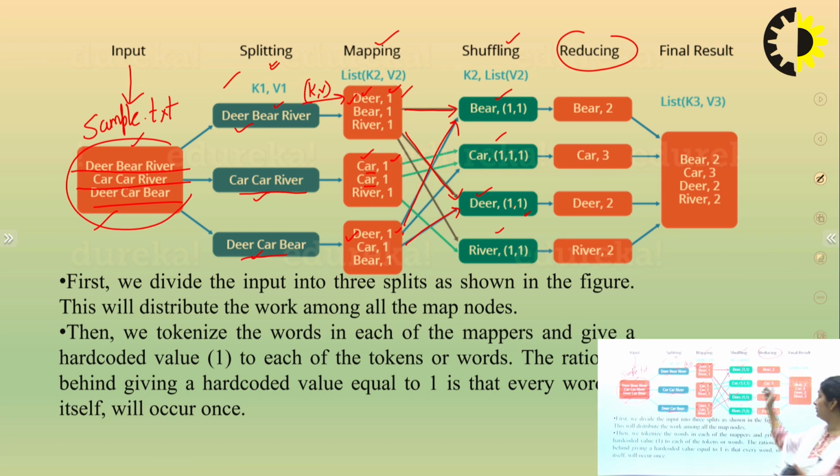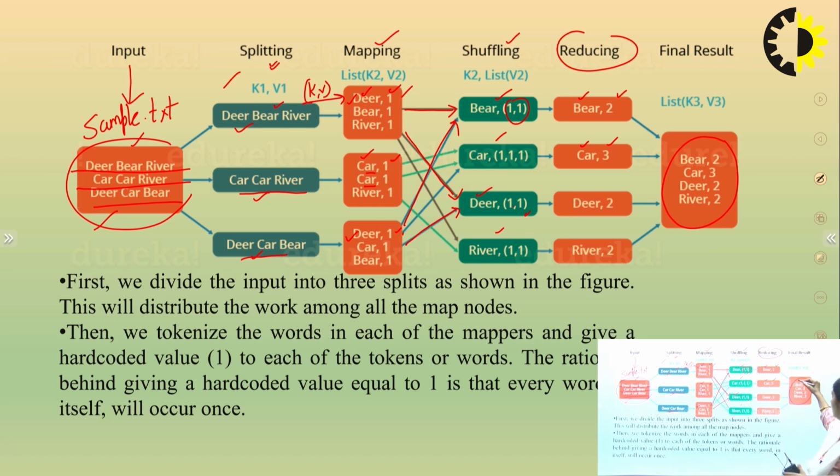And in the reducing phase, we will aggregate the value. We will add these values, total values. Beer 2 times repeating, car 3 times repeating and so on. After the reducing phase, we will get the final output in the form of key value pair.